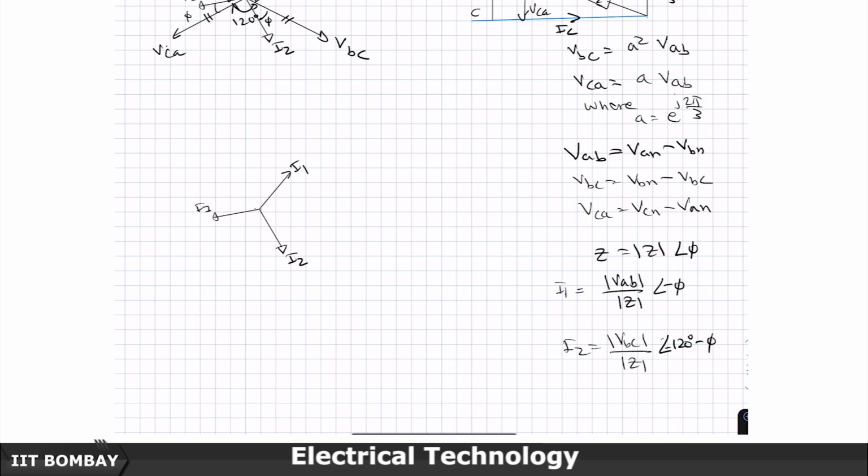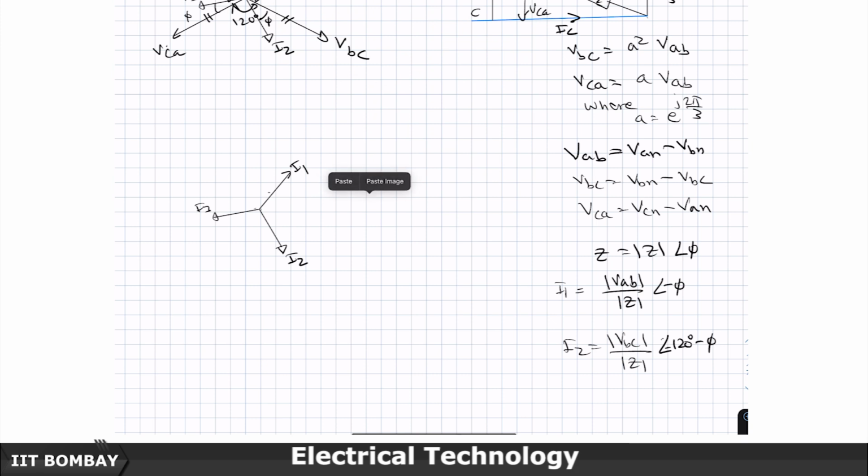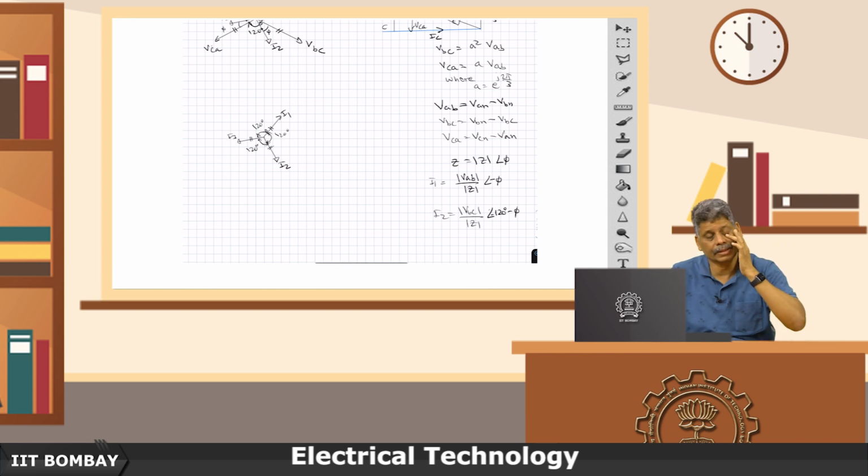So, now these are my 3 currents I1, I2 and I3, they are equal in magnitude and again phase shifted by 120 degrees.